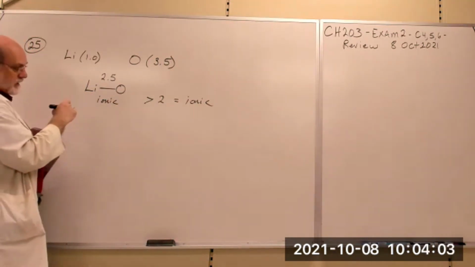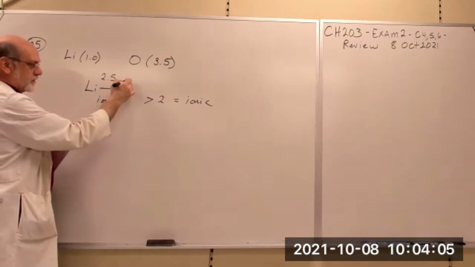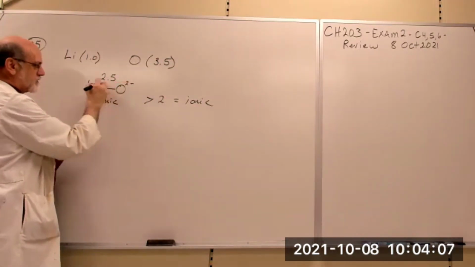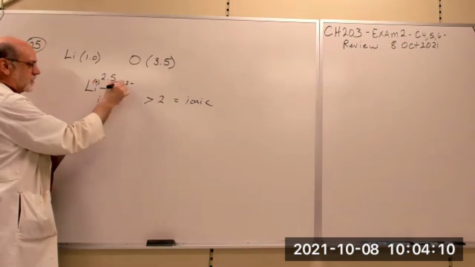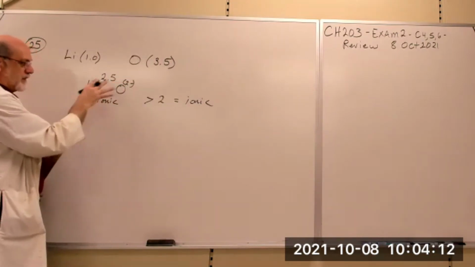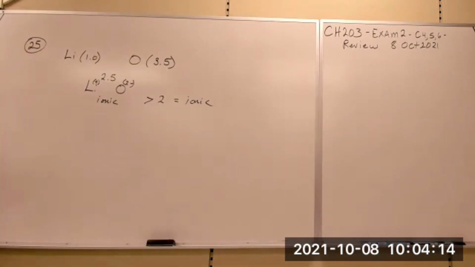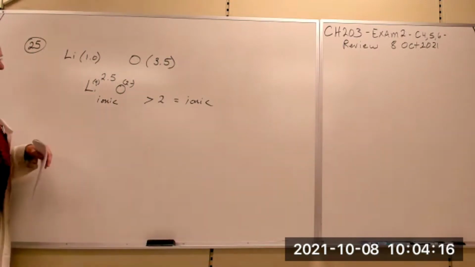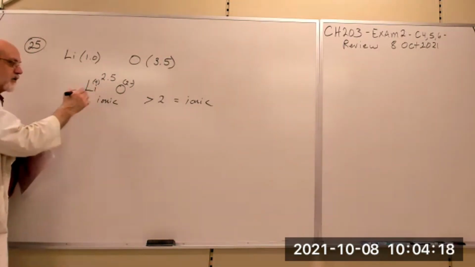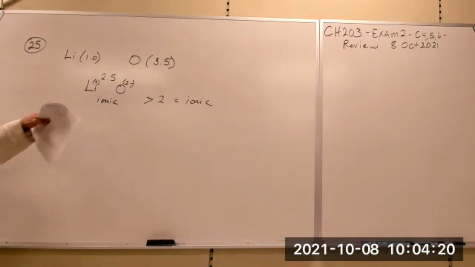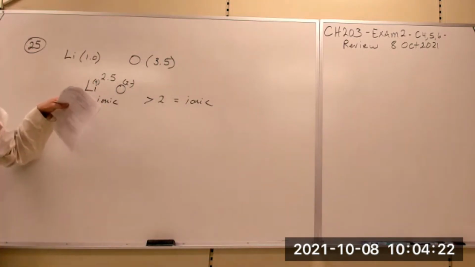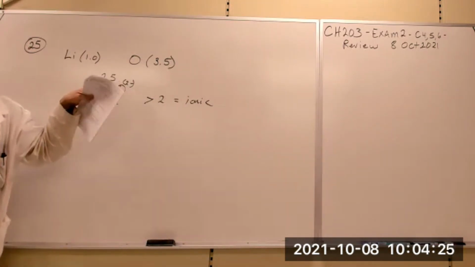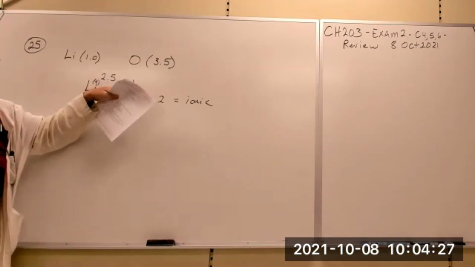And it would be more correct to say 2 minus 1 plus, and they just attract one another by electrostatic charge. Now that's not the complete formula, because that's +1, and this is -2.